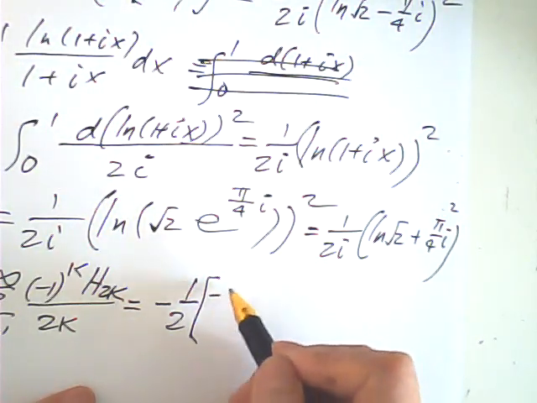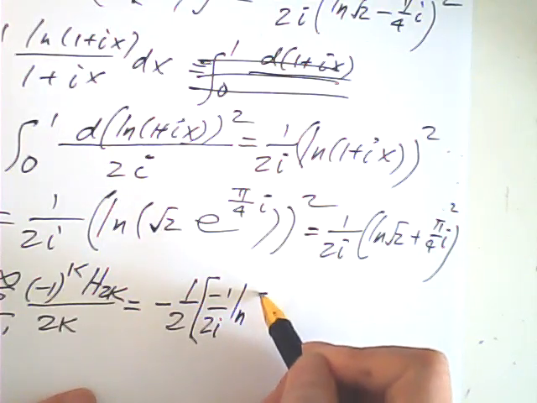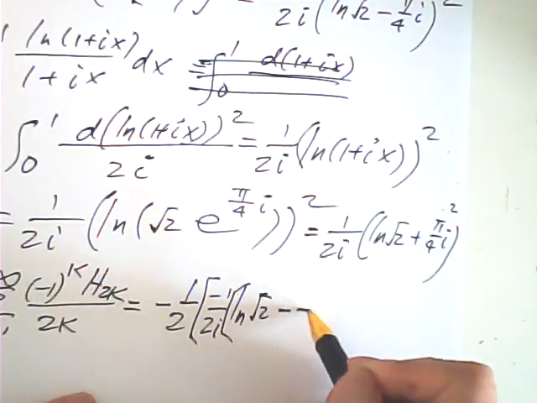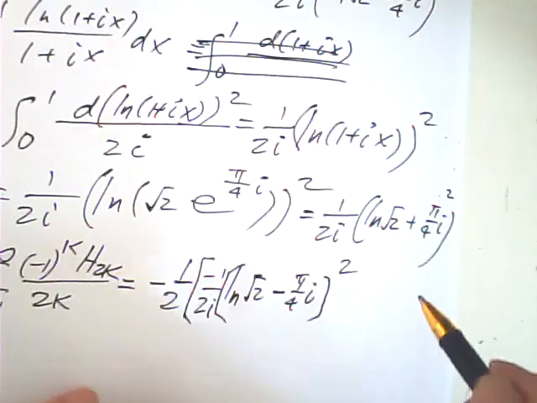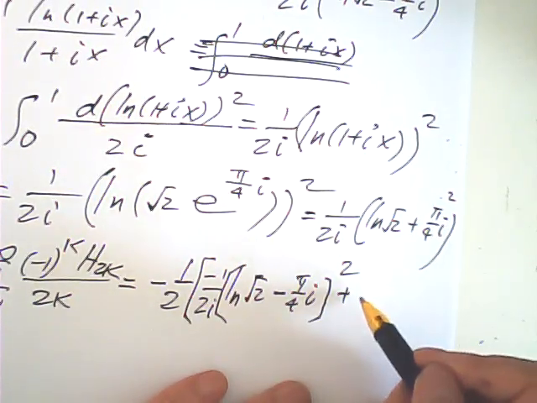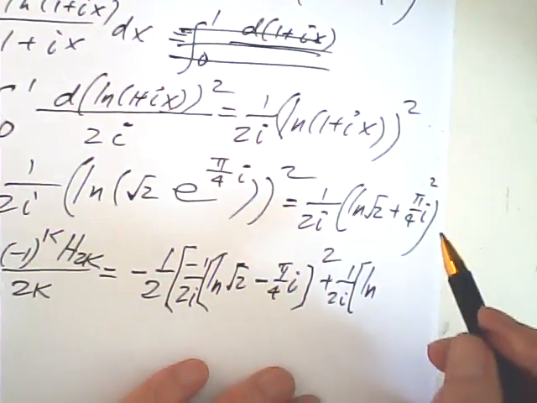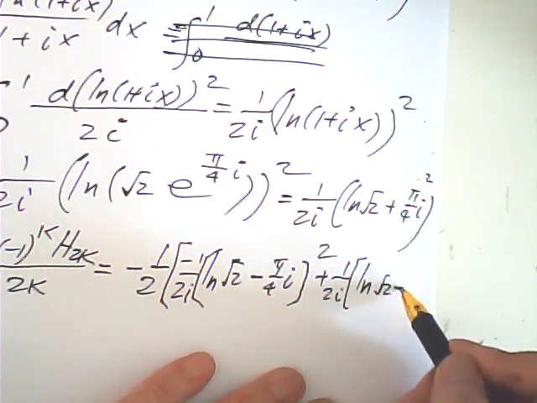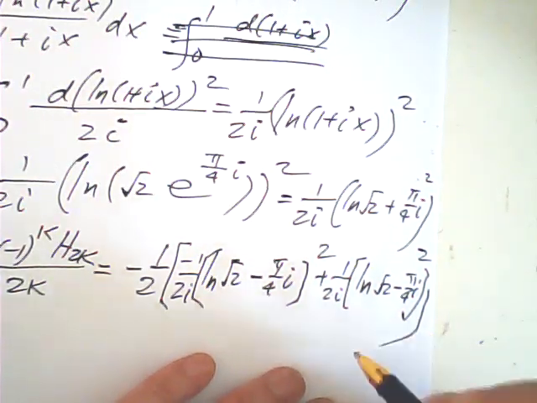This one is negative 1 over 2i, log 2 minus quarter pi i, squared, plus this one, log 2 plus quarter pi i, squared.